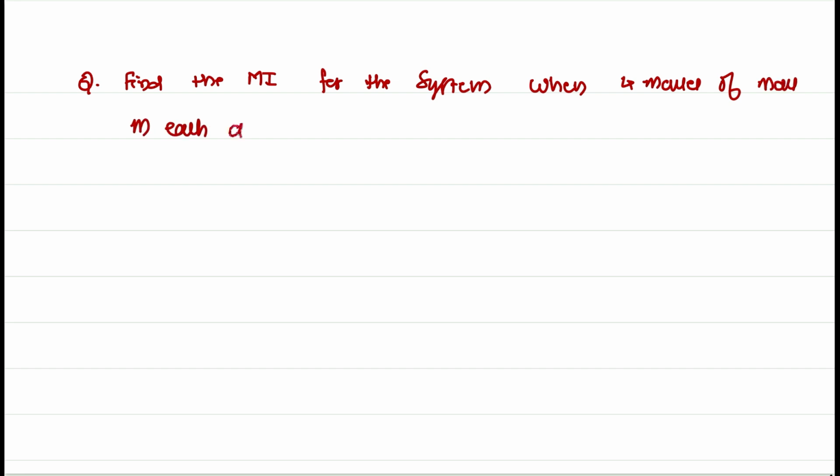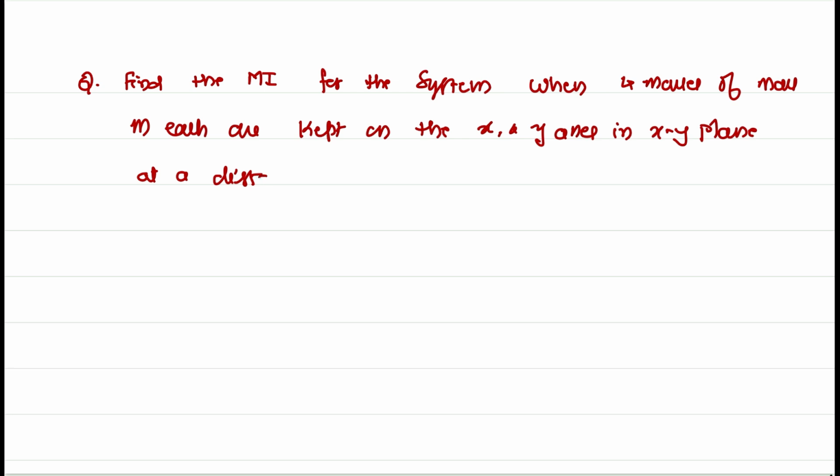Find the moment of inertia for the system when four masses of mass m each are kept on the x and y axis in the xy plane at a distance of a from the origin. Find the moment of inertia.